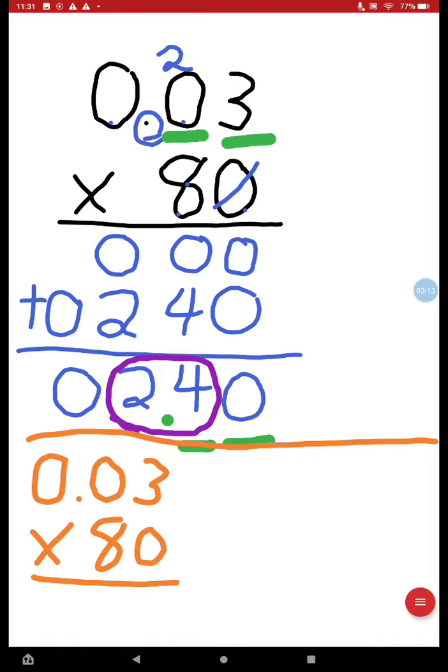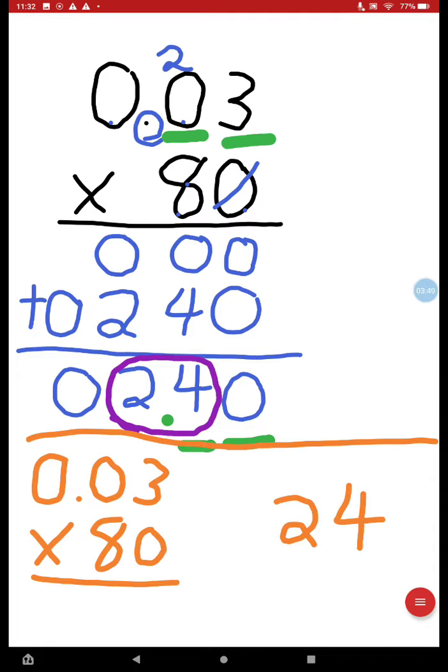All right, here's a basic math fact. You tell me, what is 8 times 3? Well, I know that is 24. Let's write that over here. Didn't you see I got a 2 and a 4 in my answer using the two-step method? I got a 2 and a 4 here. So now the problem is, where do I put the decimal point? Okay?